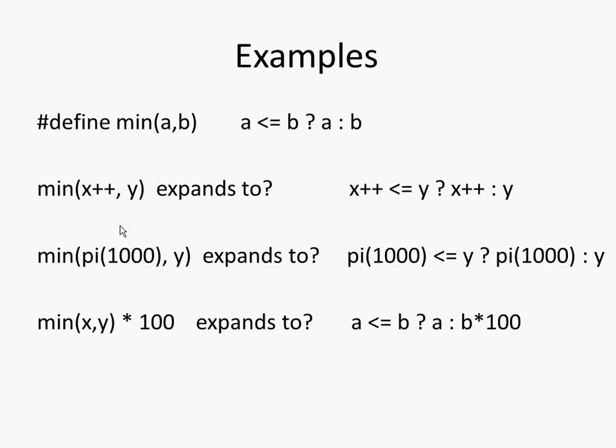Whoops. Sorry? This in brackets. What did I mean when I put min of x and y times 100? What was my intention? Yeah. So whichever is the minimum of x and y, give me that, and then multiply that minimum times 100, right? What does this actually mean here on the right-hand side?